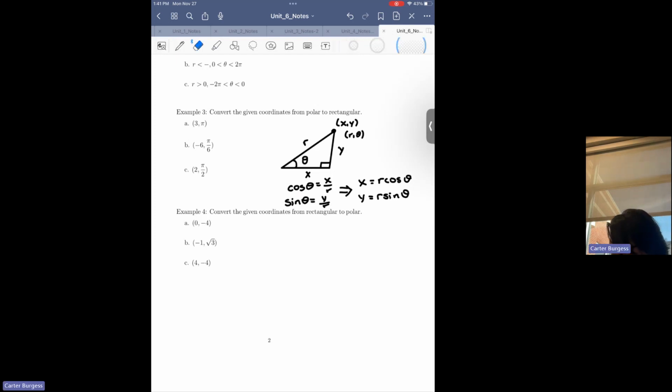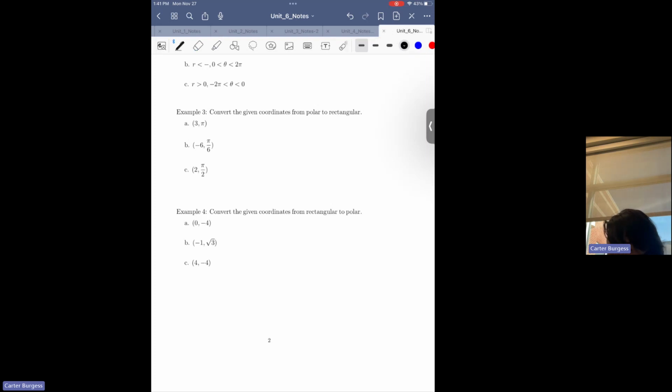If you're going to get anything from this class tattooed onto you, it should probably be this. Actually, no, there are other things that are more important, but this one would be up there. That x is equal to r cosine of theta, that y is equal to r sine of theta. You're going to get very tired of hearing me say that by the end of this unit. So learn it now.